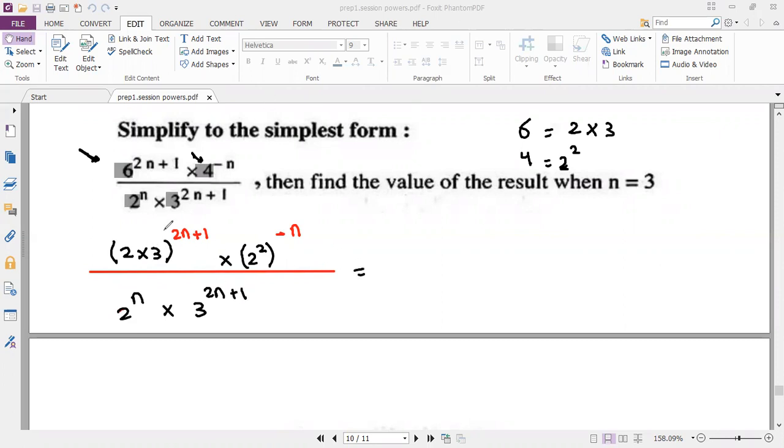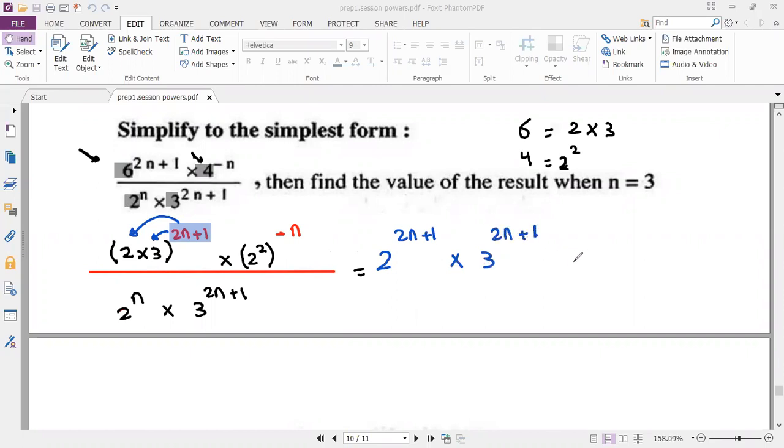Look at the numerator again. I have 2 multiplied by 3, all raised to the power of 2n plus 1. This power is distributed on all numbers here. So it's 2 to the power of 2n plus 1 multiplied by 3 to the power of 2n plus 1.